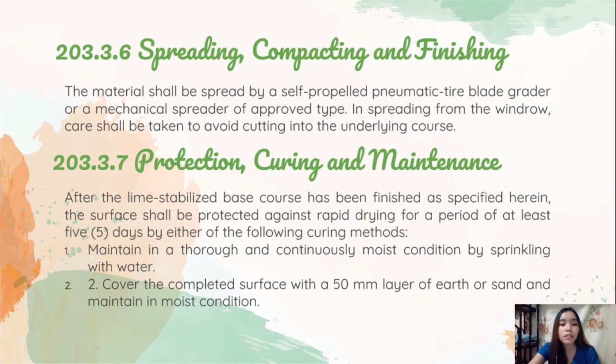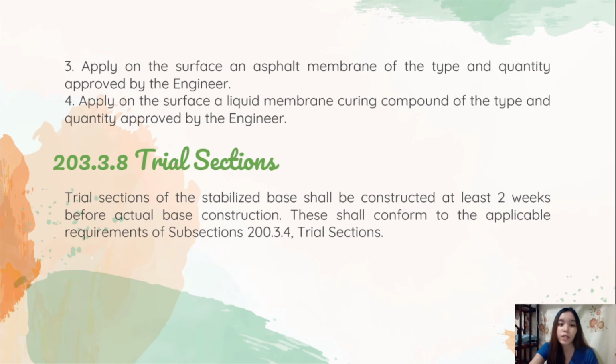The next is cover the completed surface with a 50 mm layer of earth or sand and maintain in moist condition. Then next is apply on the surface an asphalt membrane of the type and quantity approved by the engineer. Then the fourth one is apply on the surface a liquid membrane curing compound of the type and quantity approved by the engineer.